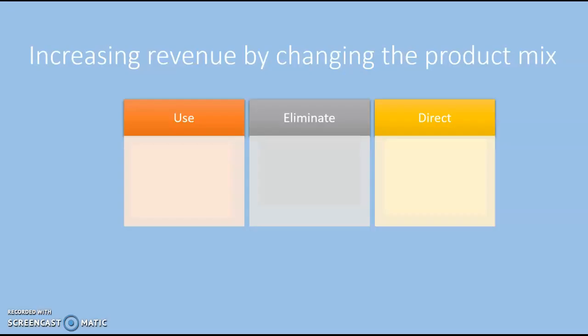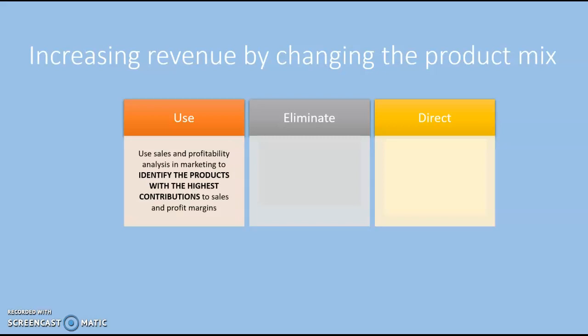Another way the business could increase its revenue is by changing its product mix. They could use sales and profitability analysis within the marketing process of implement, monitor, and control to identify the products with the highest contributions to sales and profit margins. They can then eliminate products that do not make significant contributions to the business's revenue and profit levels.